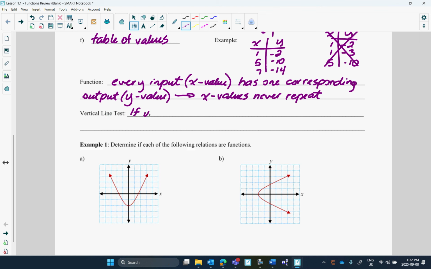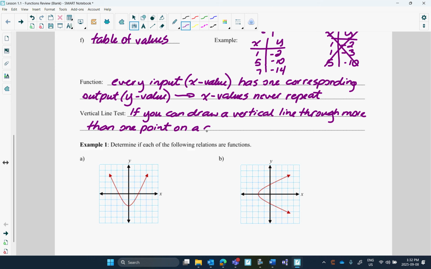If you can draw a vertical line through more than one point on a graph, it is not a function.